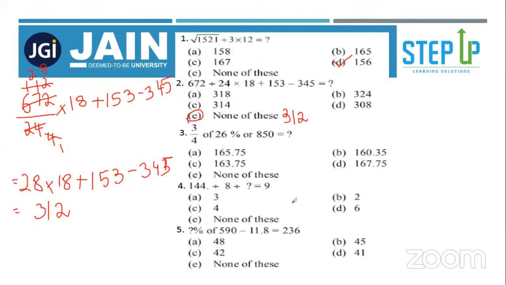Okay. Next, 3 by 4 of 26 percent or 850. 3 by 4 is a fraction. Of means, I've already told you, it's a multiplication sign. So 3 divided by 4, of means multiplication sign, 26 divided by 100.